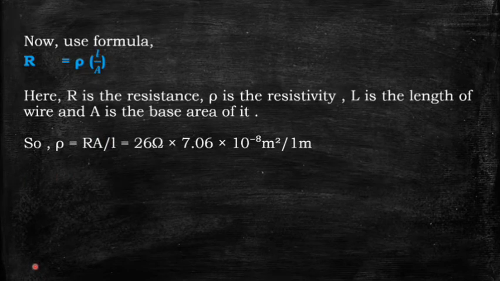So by altering this formula, we will have rho. Rho will be equal to R multiplied by A, and the L will get divided.